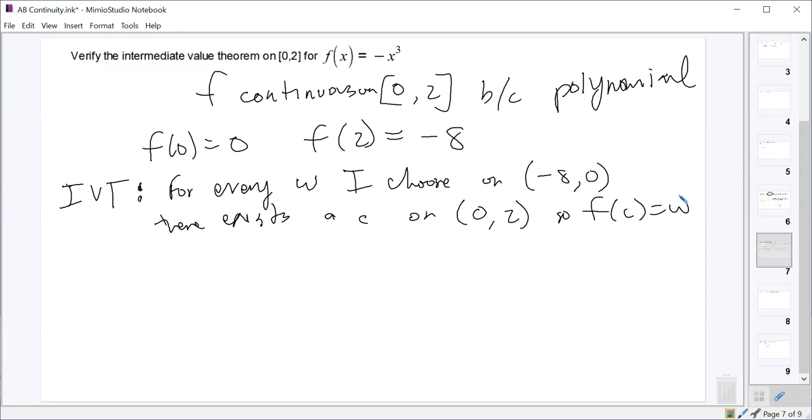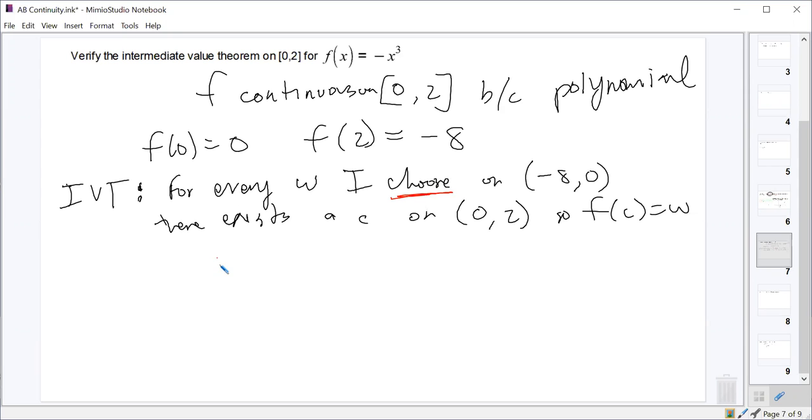Okay, so how do we prove that that's true for this particular function? We are choosing a w on the interval -8 to 0, right? So how do I write that w is between -8 and 0? It's just like an inequality.